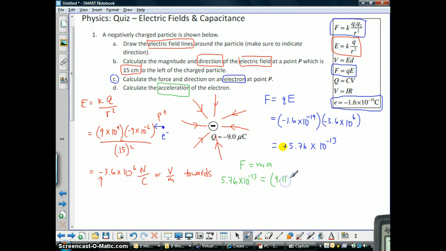9.11 times 10 to the negative 31 times the acceleration. Then to finish it up, just divide by 9.11 times 10 to the negative 31.